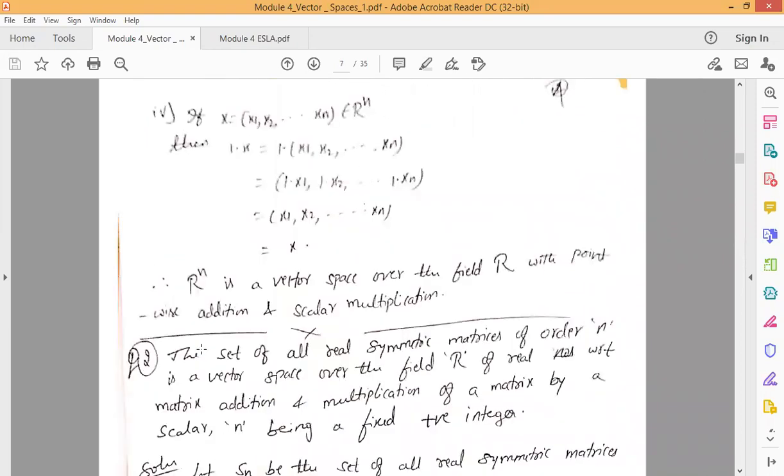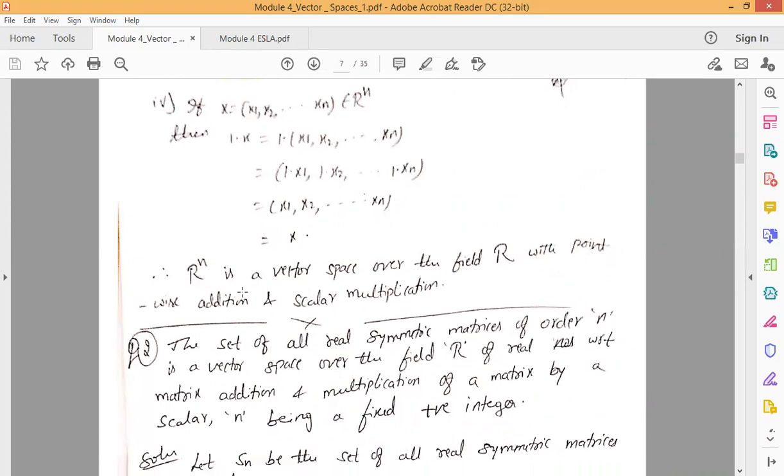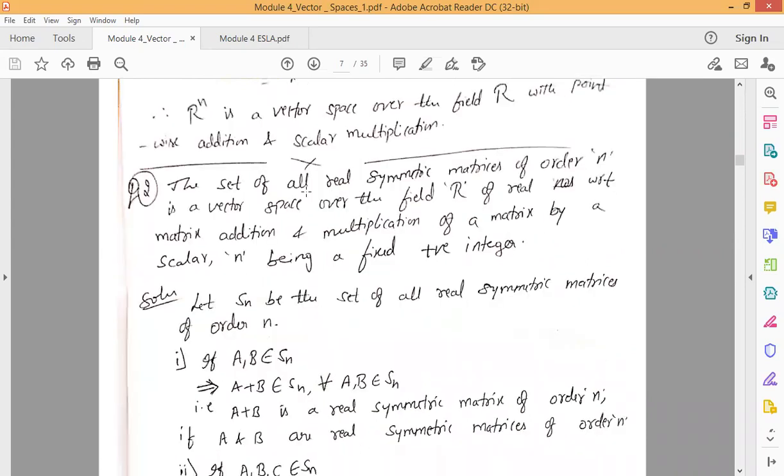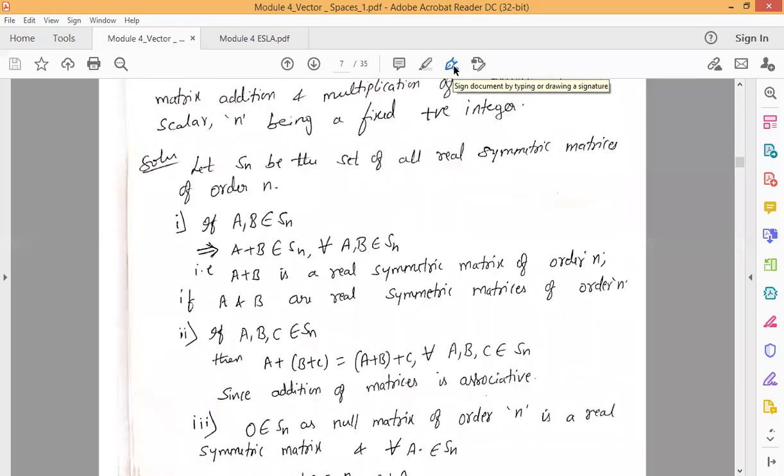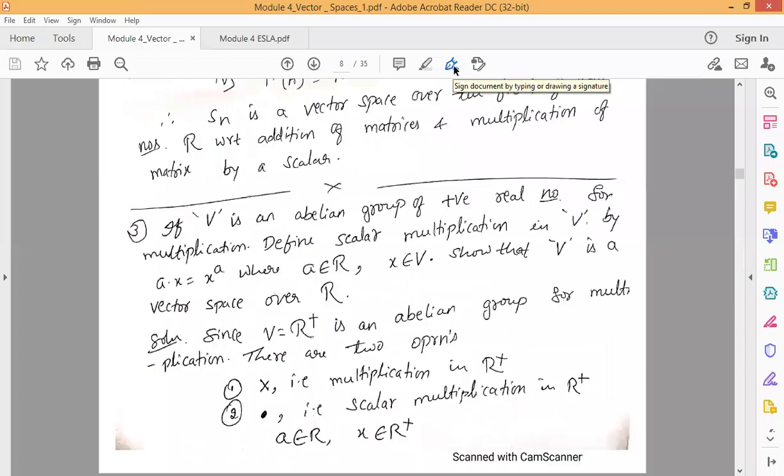After that, you can make the statement that the given R to the power n is a vector space over the field R. Similarly, we have taken the second example and we have seen how to verify. In general, you have to make assumptions and go with the solution. Similarly, here we have a third problem: a dot x is equal to x to the power a.